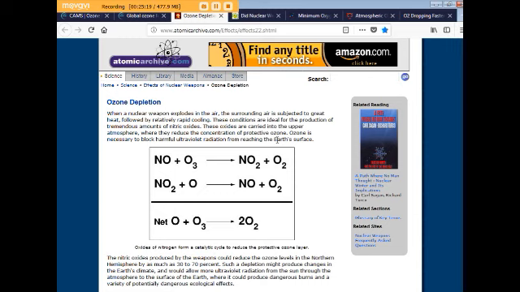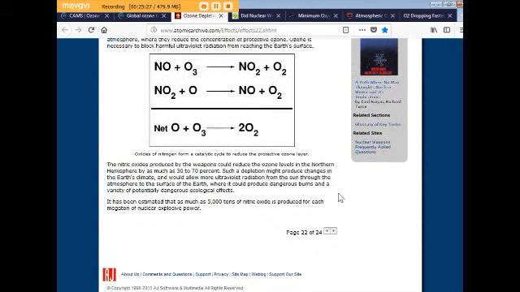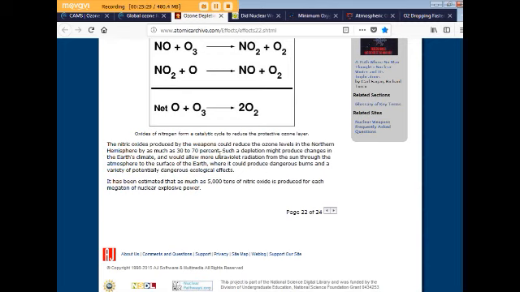Ozone is necessary to block harmful ultraviolet radiation from reaching the Earth's surface. The nitric oxides produced by the weapons could reduce the ozone levels in the northern hemisphere by as much as 30 to 70%. Such a depletion might produce changes in the Earth's climate and would allow more ultraviolet radiation from the sun through the atmosphere to the surface of the Earth, where it could produce dangerous burns and a variety of potentially dangerous ecological effects.